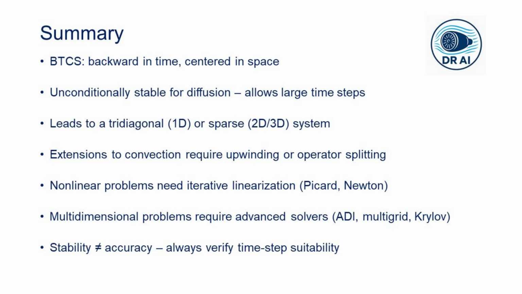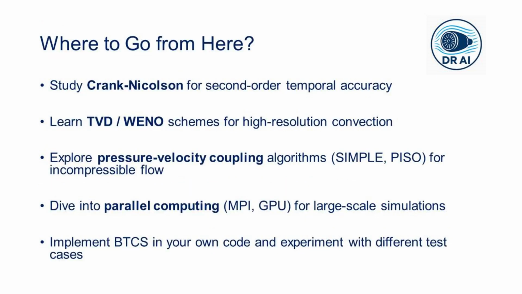From here, you can explore more advanced topics like Crank-Nicolson for second order temporal accuracy, high resolution schemes for convection like TVD and WENO, pressure velocity coupling for incompressible flow, the SIMPLE and PISO algorithms, and parallel solvers using MPI or GPUs for large scale simulations.